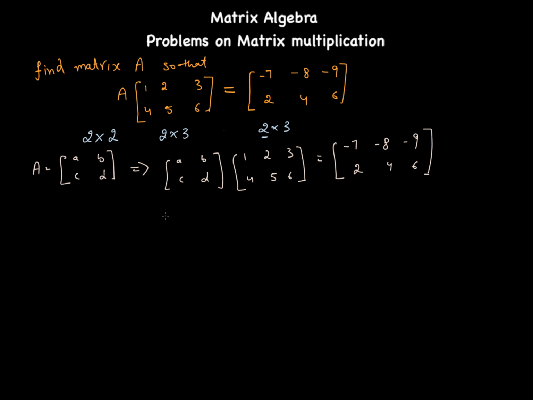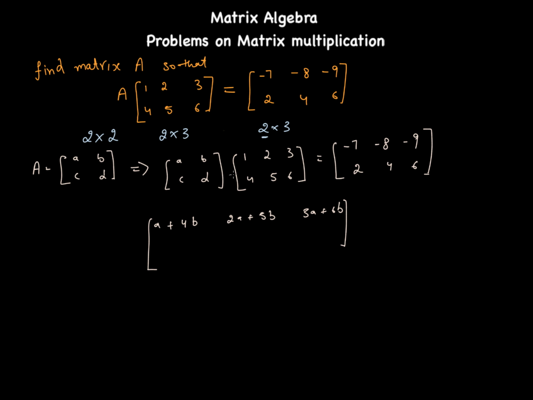So a times 1 is a, b times 4 gives me 4b. Let me write it down over here: a plus 4b, 2a plus 5b, 3a plus 6b.